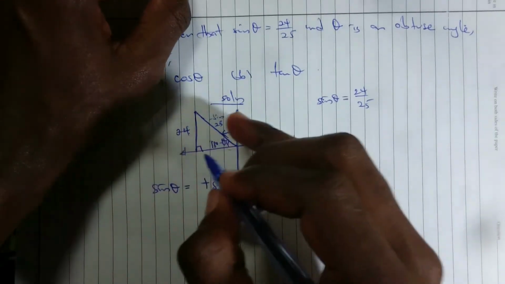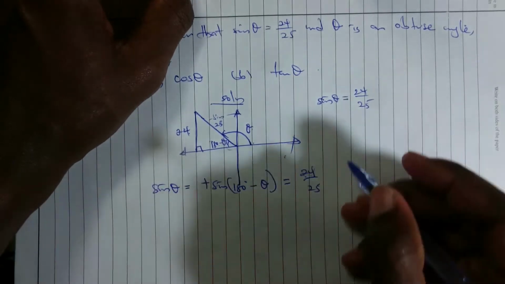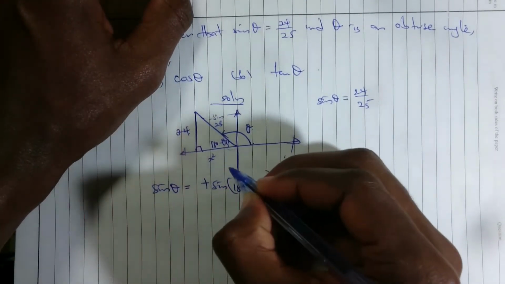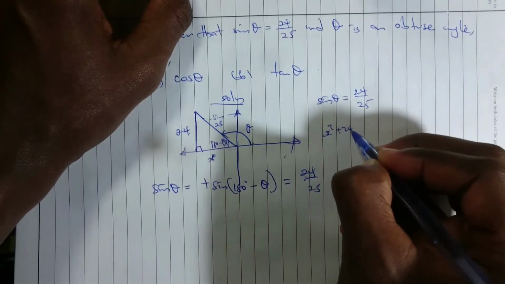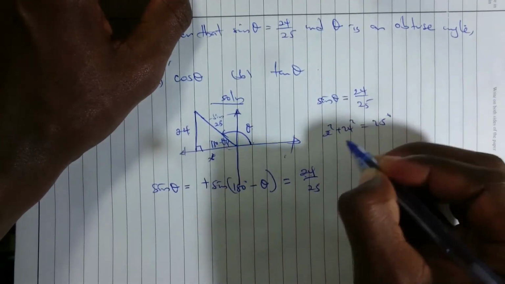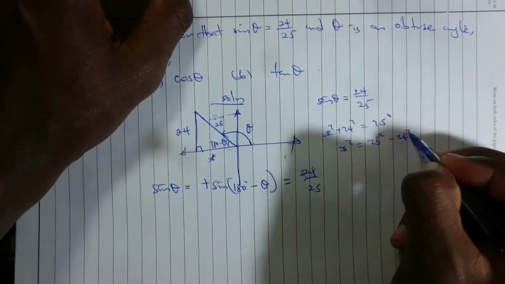Let the adjacent be x. Then x squared plus 24 squared equals 25 squared, so x squared is 25 squared minus 24 squared.